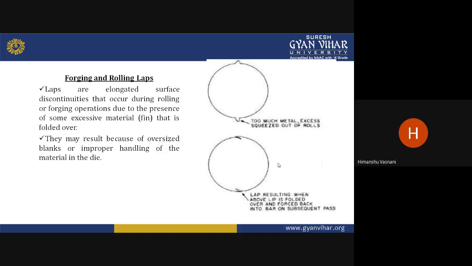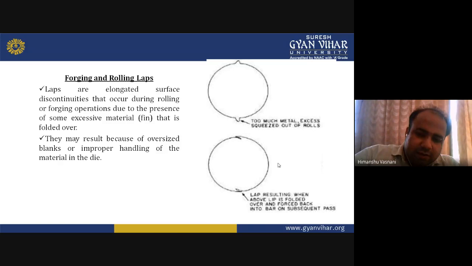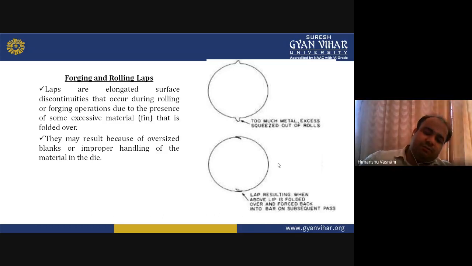You can see the line from which it is getting inside the workpiece. So this lapping issue, if not properly checked, will lead to a kind of discontinuity that can create issues for the workpiece.